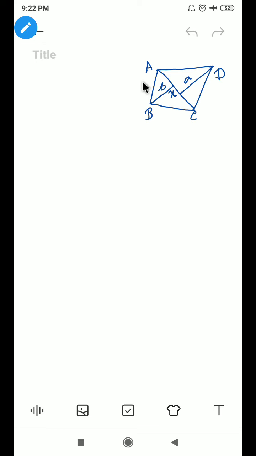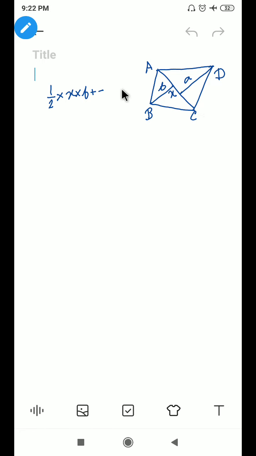So how to find out the area of ABC? It will be nothing but half into base into height. So base is taken here AC, that is X, into height is here B, plus now you have to find out the area of ADC.